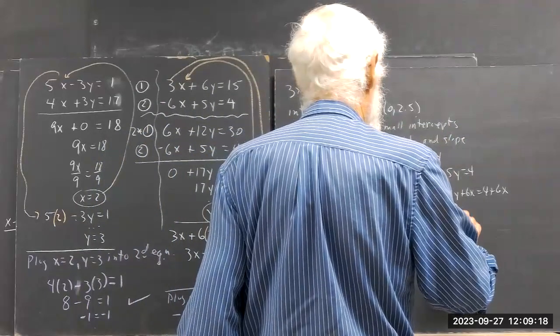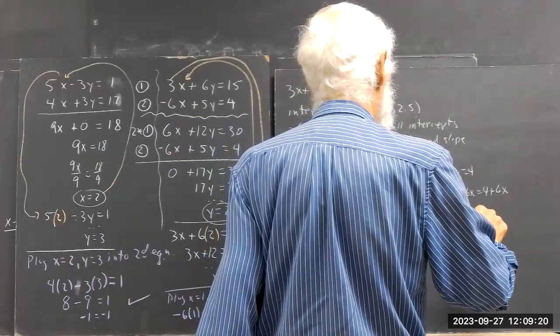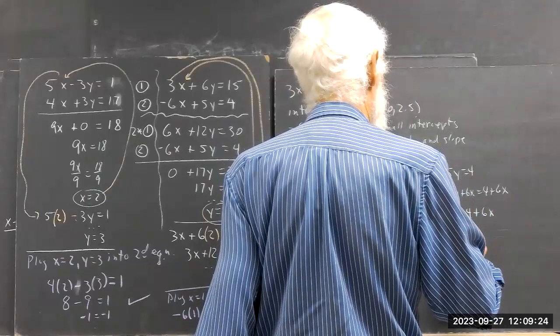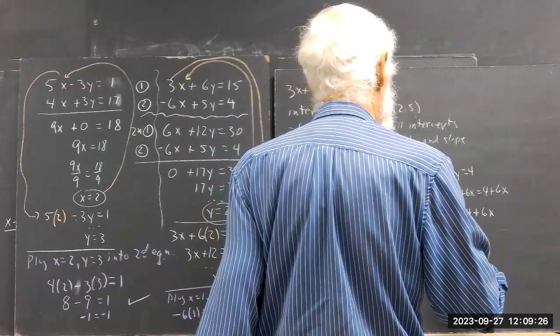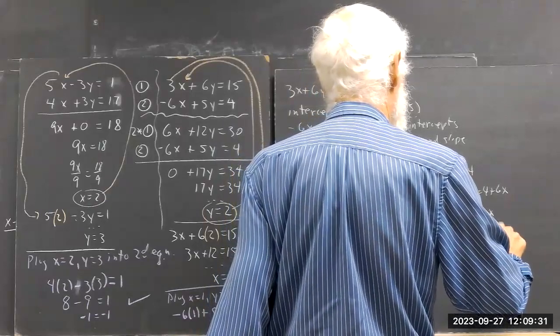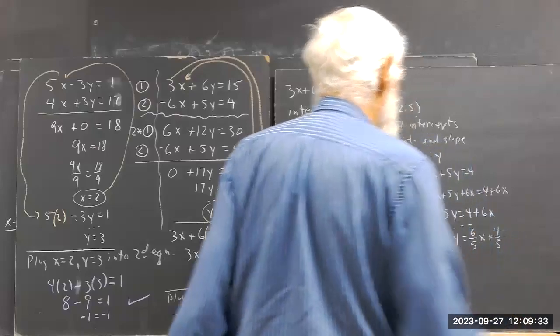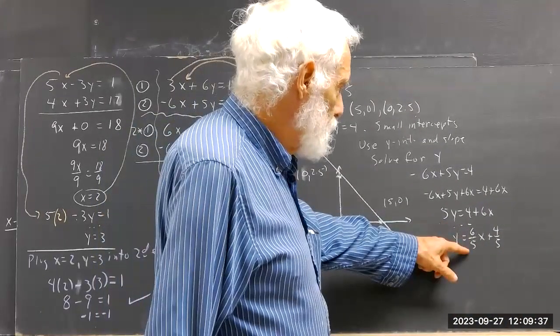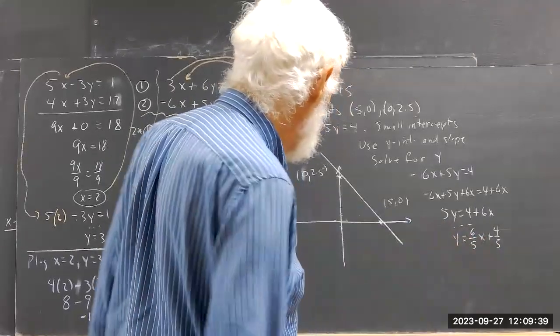That leaves us 5y equals 4 plus 6x. And we divide by 5. We get y equals 6/5 x plus 4/5. Now we know the slope is 6/5 and the y-intercept is 4/5.